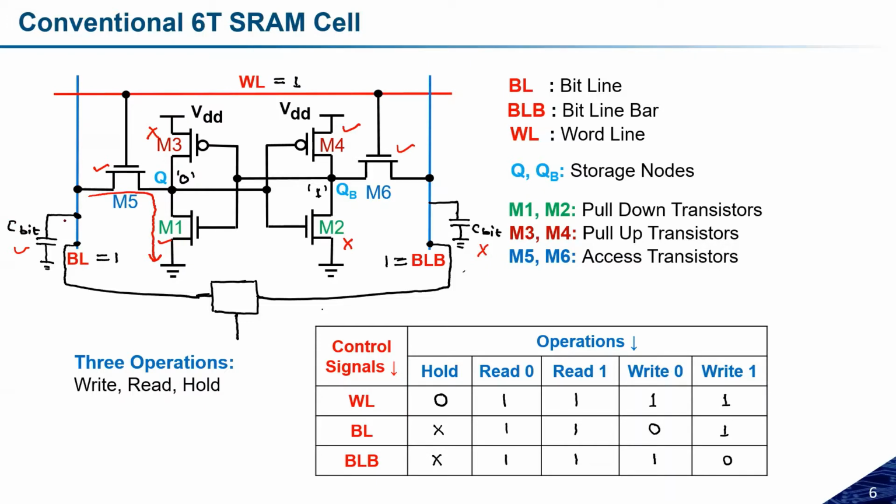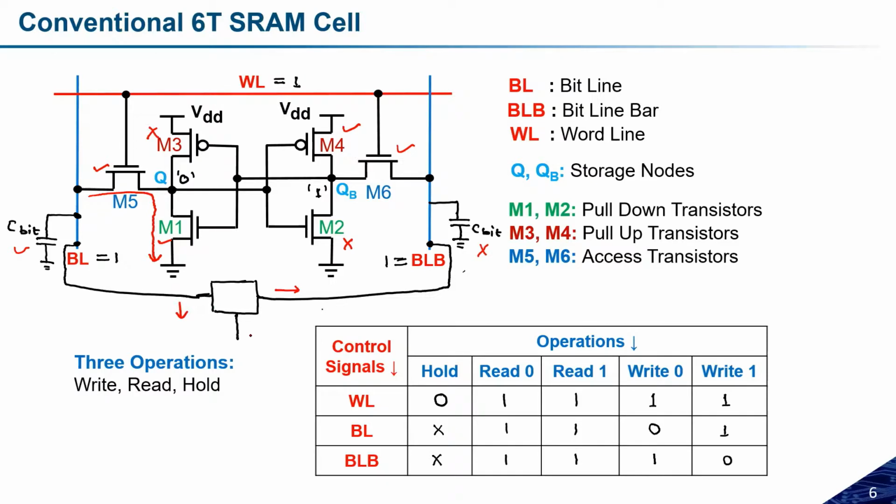If it is discharging, then the potential at BL and BLB will be different. Then the sense amplifier will sense which of the inputs is decreasing, because in this case BL is decreasing and BLB remains the same.